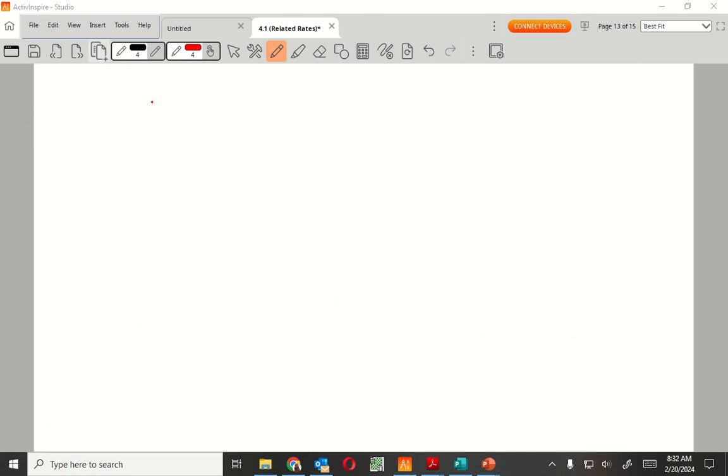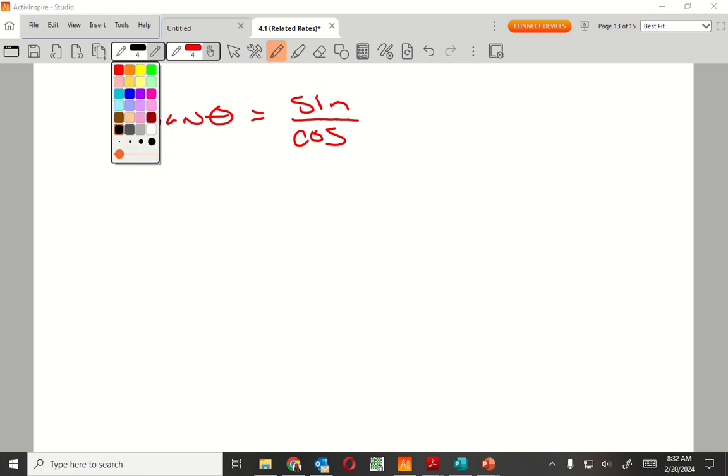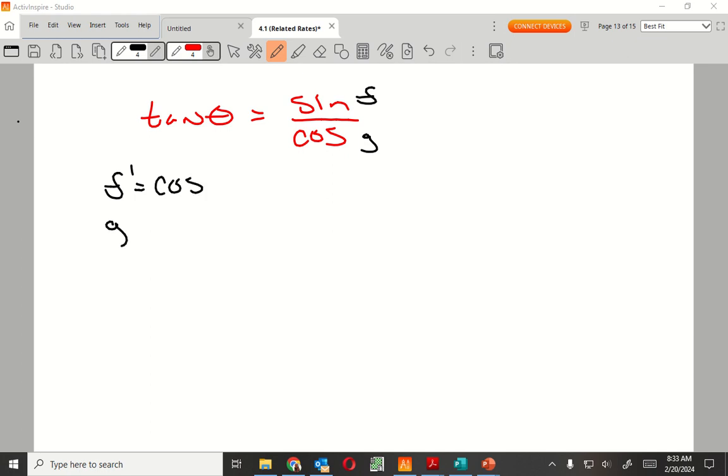Now, again, tangent is sine over cosine. You don't have to memorize this, but if you come across it, treat it like a quotient rule. This is my f and this is my g. F prime, the derivative of sine, is cosine. G prime, the derivative of cosine, is negative sine.